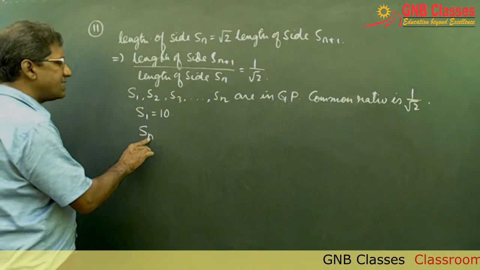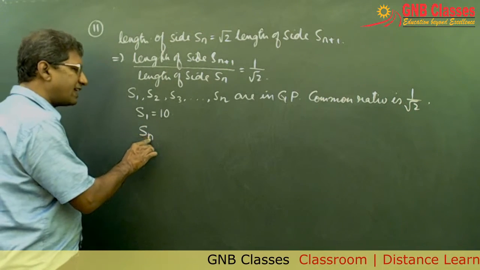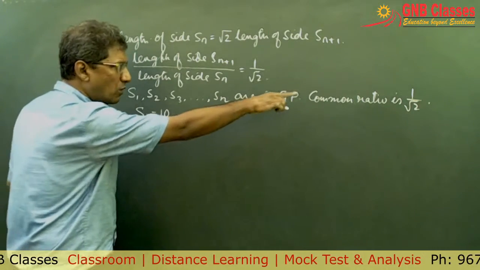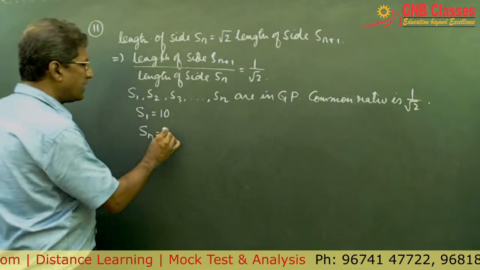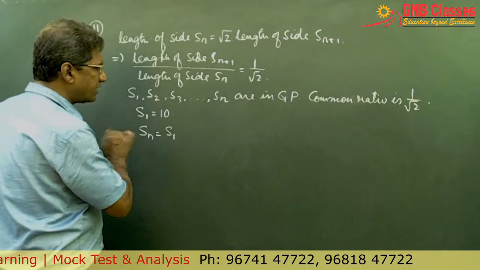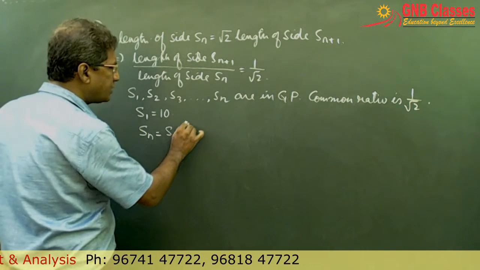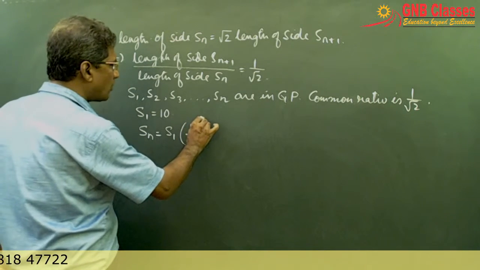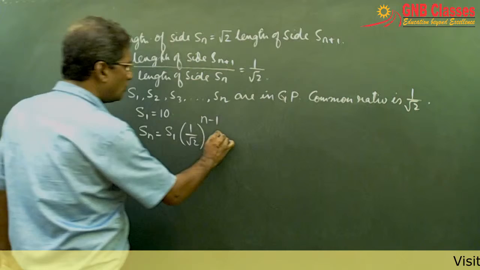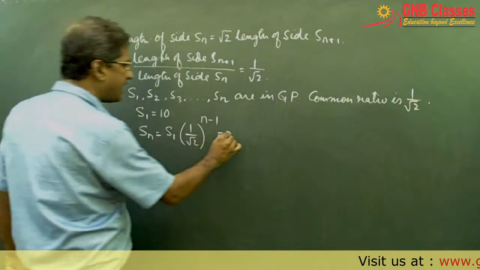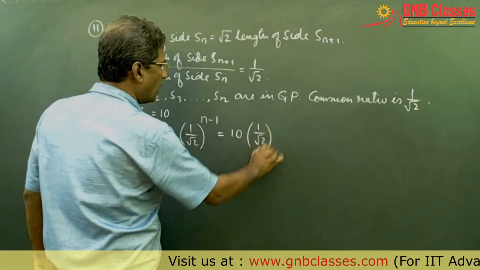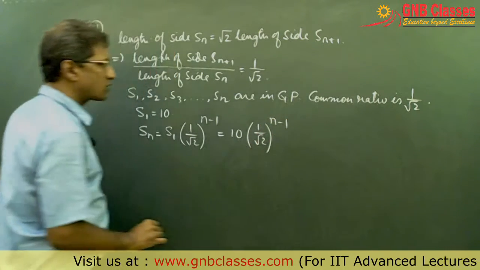The length of the side of the square Sn is in GP whose common ratio is 1 by root 2. Therefore, it will be the first term into common ratio to the power n minus 1. So S1 they have given us as 10. So it is 10 into (1 by root 2) whole to the power n minus 1.